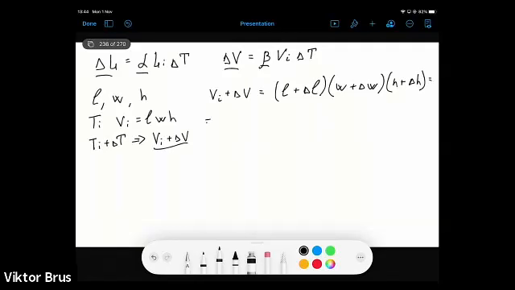Also we can express this change in the length, width, and height in terms of alpha.